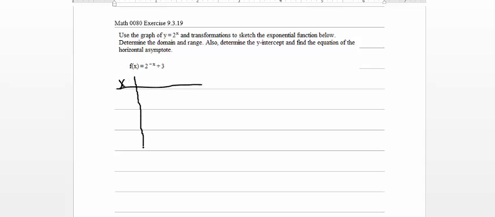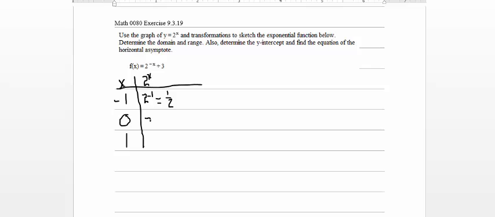So in a basic exponential function of the form b to the x, the points whose x-coordinates are negative 1, 0, and 1 are key points to consider. So when I'm selecting x equals negative 1, the y is 2 to the negative 1, which is 1/2.